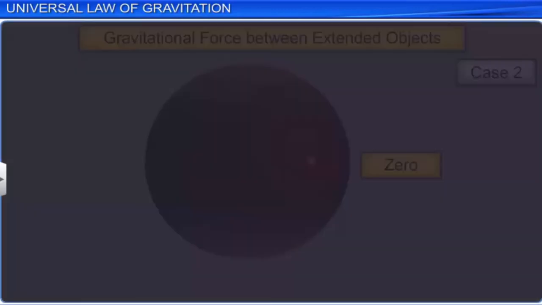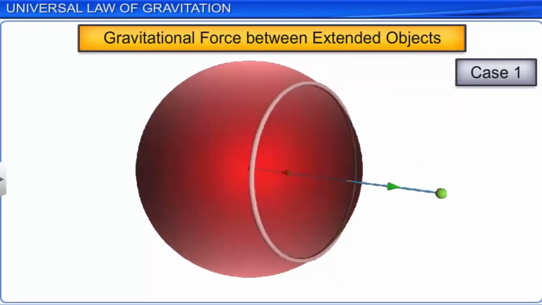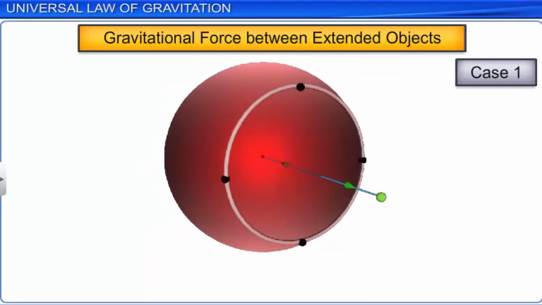The hollow shell can be considered to consist of several point masses along its surface. For example, consider the circular strip of the shell and the point masses on it. Gravitational forces caused by various point masses on the circular strip of the shell have 2 components, one along the line joining the point mass and the center of the shell, and the other perpendicular to it.